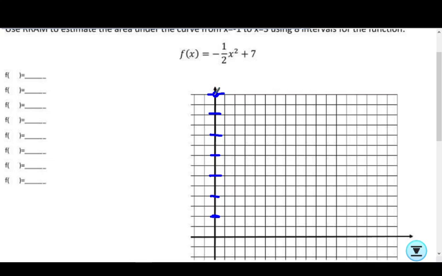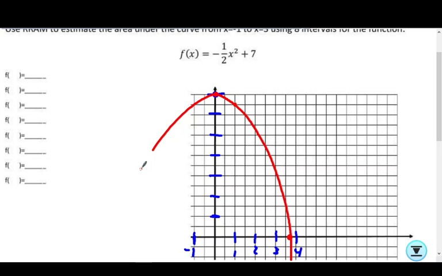And then this is -1, 1, 2, 3, 4. Our x-intercept is going to be somewhere around here. With the vertex up here, it's going to look something like this. So there's what our parabola looks like.